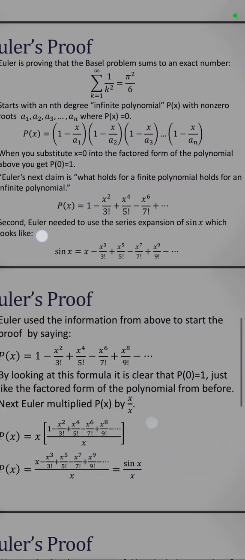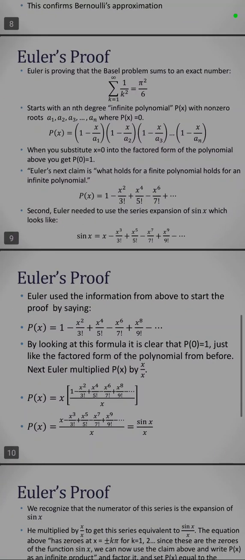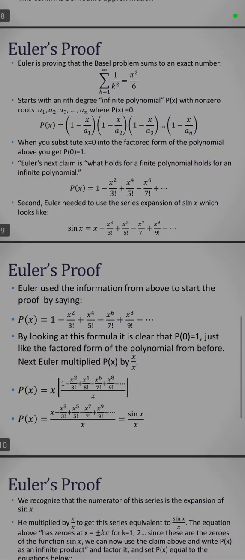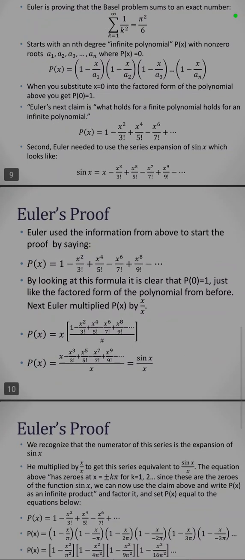By looking at this formula, we clearly see p(0) equals 1, as we further established. Dividing and multiplying by x does not change the function in any way, shape or form, but it makes the function sin x upon x, what I was talking about earlier, that this function becomes the same as sin x upon x.